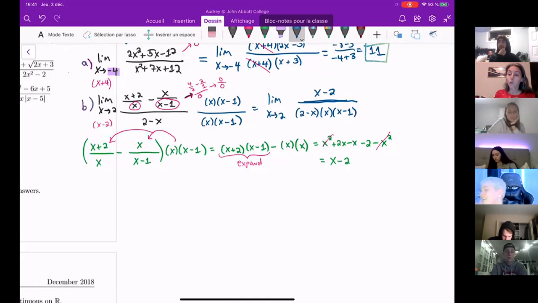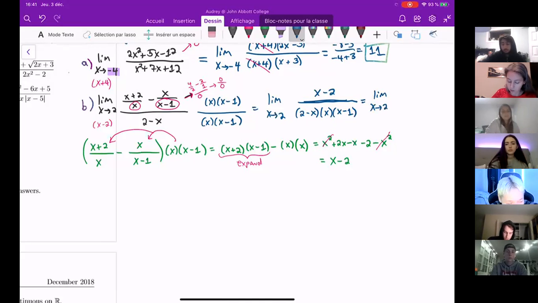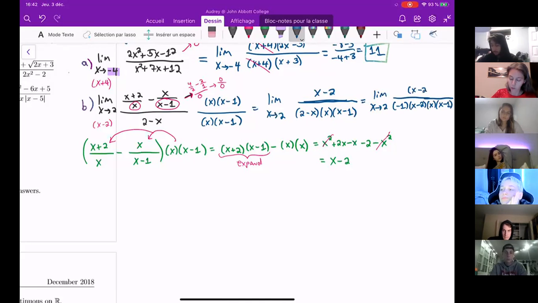Okay, so I got two answers from you guys, and they're both good answers. I can either factor out a -1, and that's my preference. So I'll have -1 times x minus 2, times x minus 1, with an x minus 2 on top.